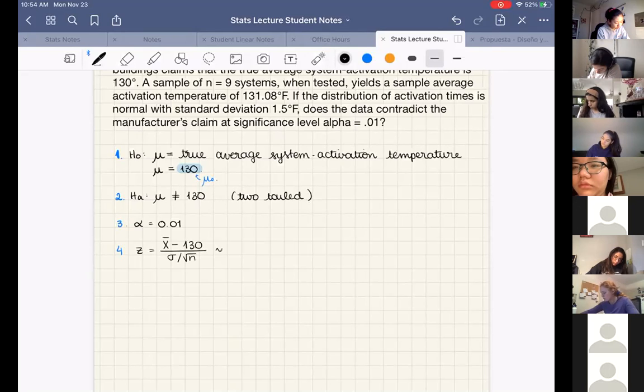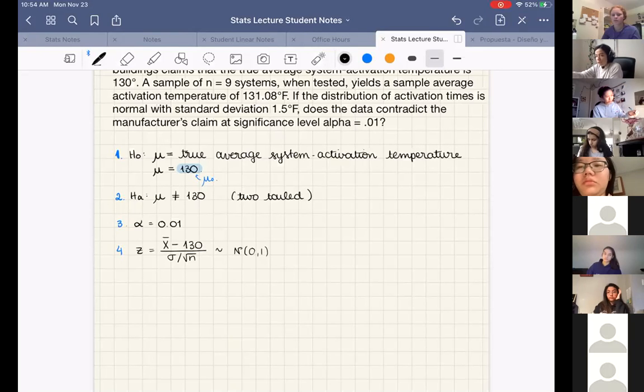And this follows a normal distribution. The idea behind stating the distribution is that it already makes you think about what type of values you're going to look for in the rejection region. Because it's a normal distribution, we're going to look for Z values in the rejection region. If we had a T distribution, for example, then we would have to look for T values in the rejection region, all right?